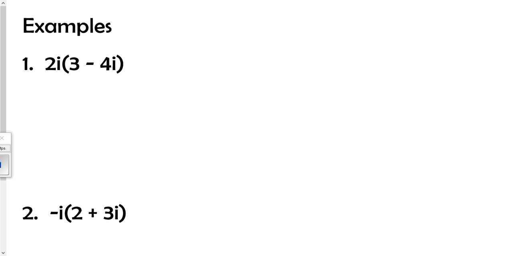The first two that we have are the more basic ones, and that's because we're multiplying just a pure imaginary number like 2i by a complex number such as 3 minus 4i. As we're trying to do this multiplication, we're going to use the distributive property. Remember that this set of parentheses implies multiplication.